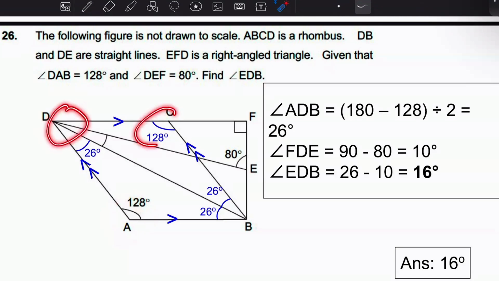These 2 angles here is equals to 180. These 2 angles here are equals to 180. Okay, so 180 minus 128, you get something. Okay, then you divide that by 2. So once you divide it by 2, you get 26. So 26 here. This is 26. This is also 26.